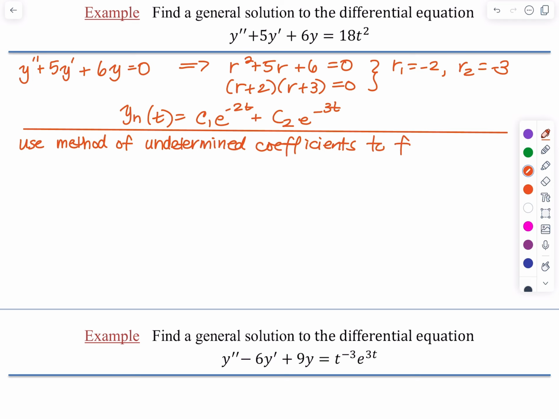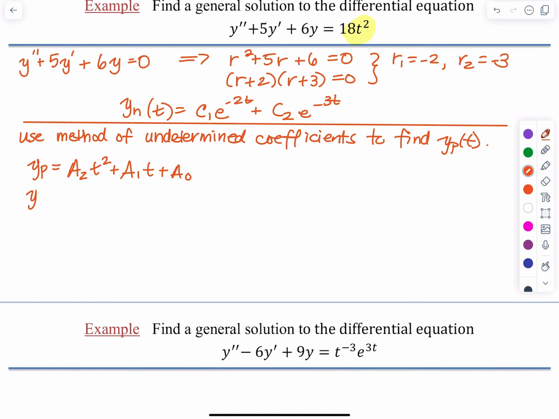So we have yp of t, and let's just go ahead and use yp is equal to a2t squared plus a1t plus a naught. And keep in mind that is because we have this t squared. So we want to make sure we use all terms.